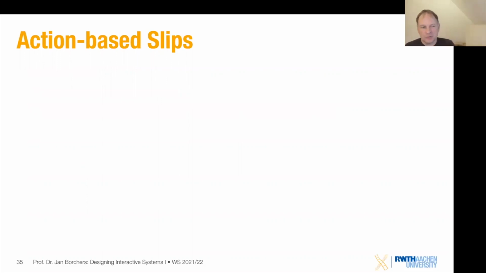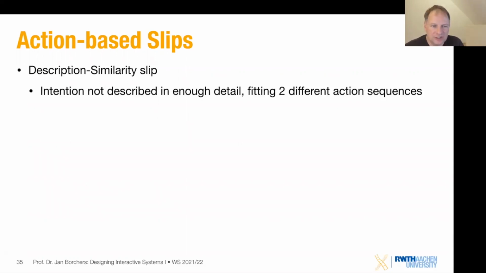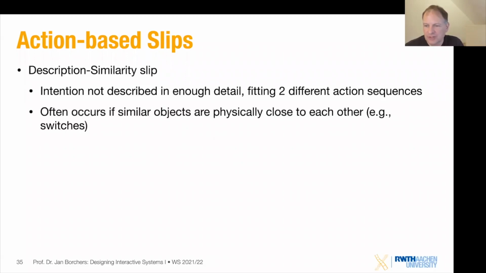Next up, description similarity slips, also action-based, happening in the action sequence. Your intention is not described in enough detail, and it fits two different action sequences. This often happens if similar objects are physically close to each other, for example, two switches that look the same.